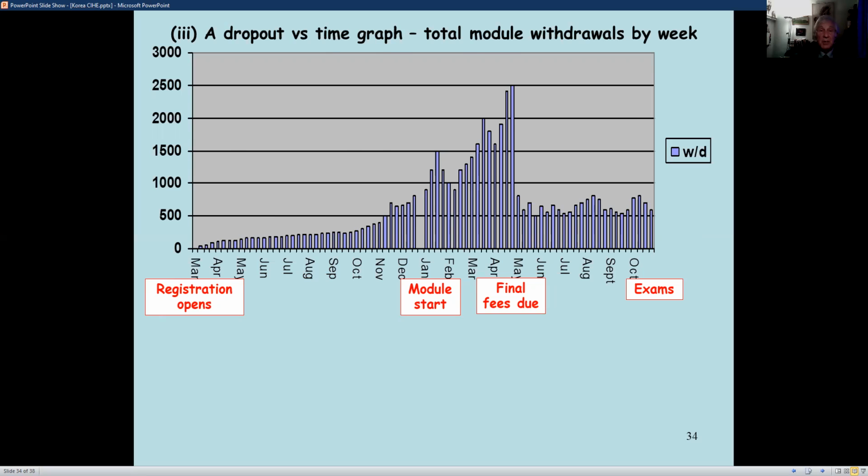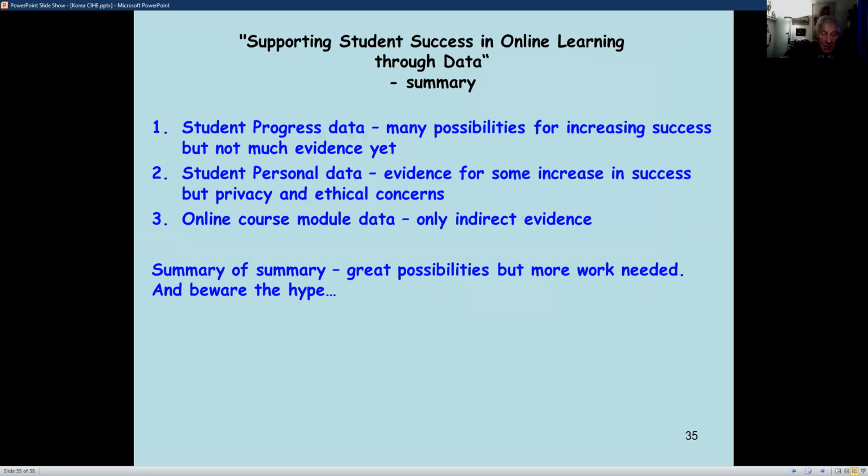So finally, to summarize, how might student data be used in learning analytics to increase student success? Of the three ways I've used as examples, we can say in student progress data, there are many possibilities for increasing success, but we don't have a lot of evidence yet.